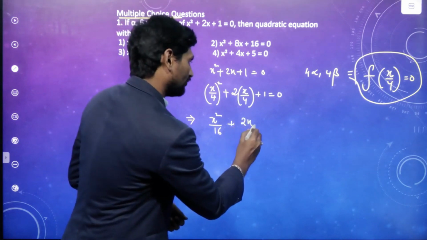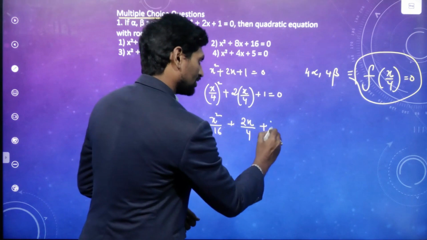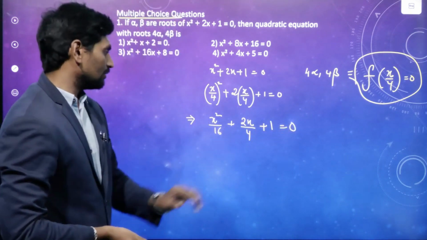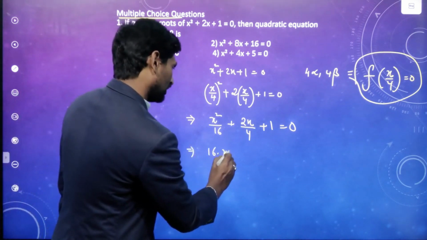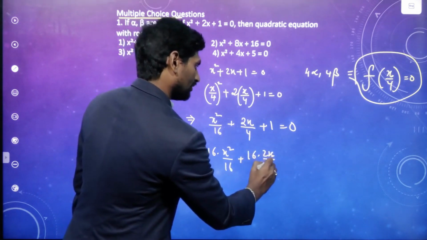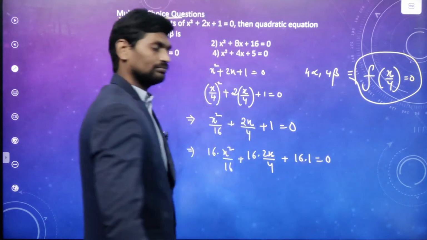This is 2x by 4 plus 1 equal to 0. So highest denominator is 16. Let us multiply both sides with 16. Then it will be 16 into x square by 16, 16 into 2x by 4, 16 into 1 equal to 0.